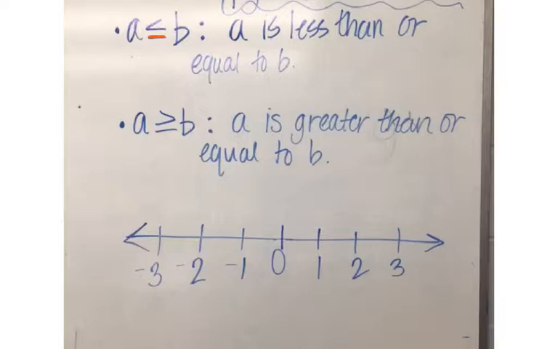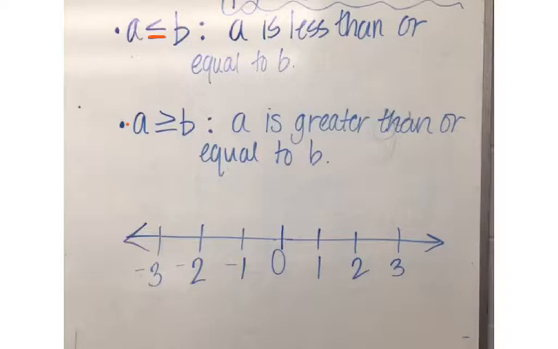So this means that A is less than or equal to B. Okay, so same thing on the next one. This one means A is greater than or equal to B because our inequality sign is opening towards A, and it also has that equal to sign on the bottom.